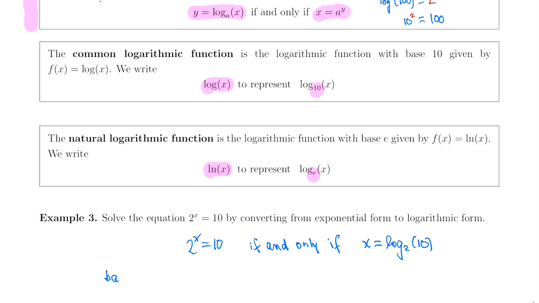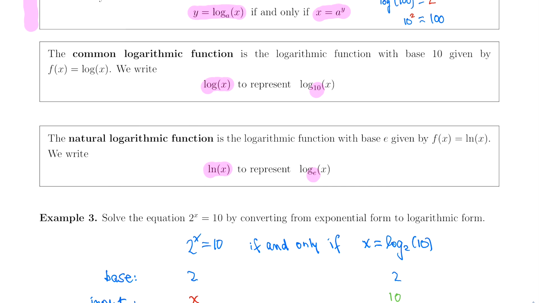I want to show you one more time, repeat. We have our base for each of them is 2. That remains the same. So it's 2 for the exponential equation, and it's 2 for our logarithmic equation. However, our input for our exponential function is x, while the input for the logarithmic function is 10. Right?